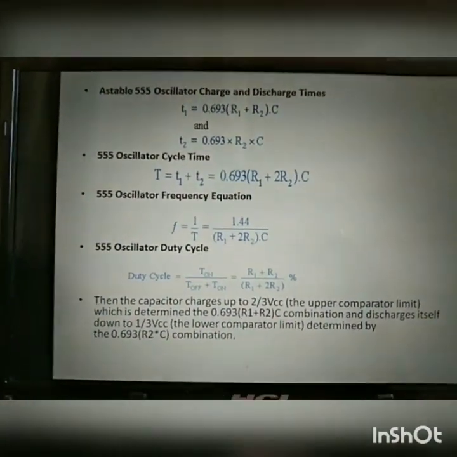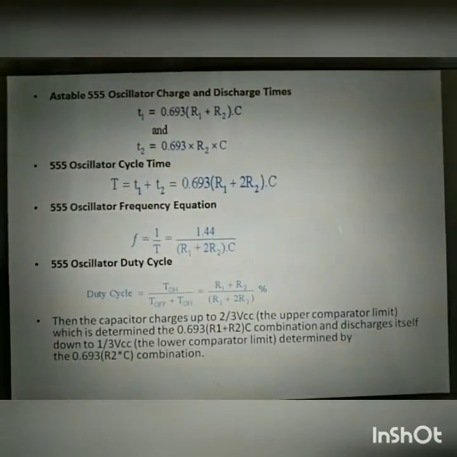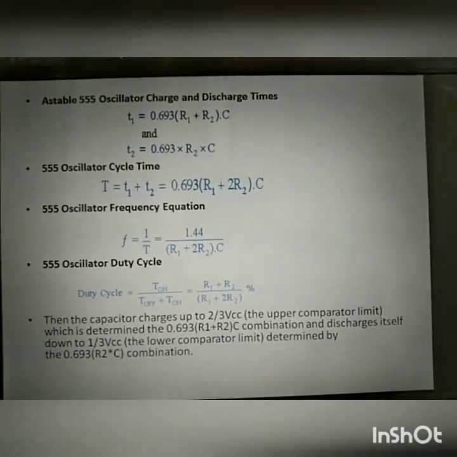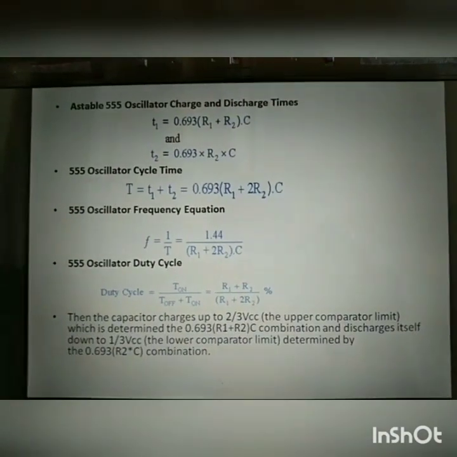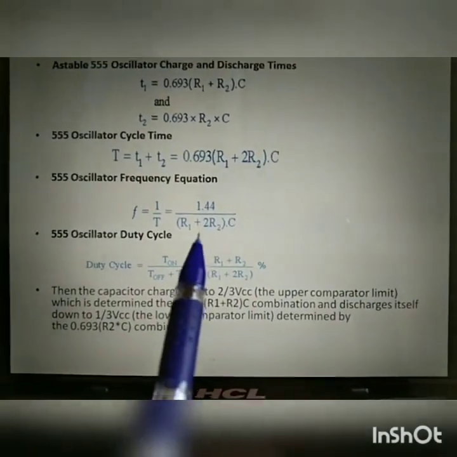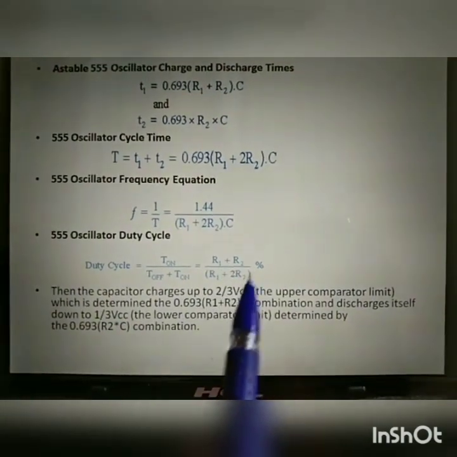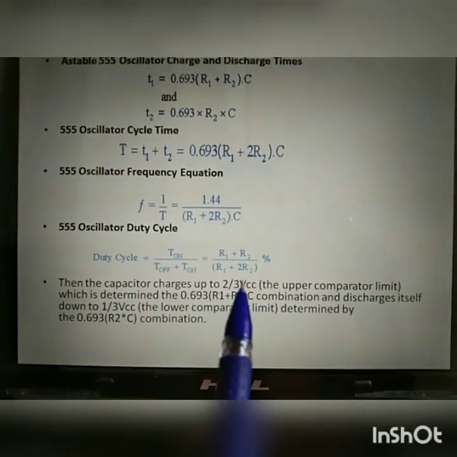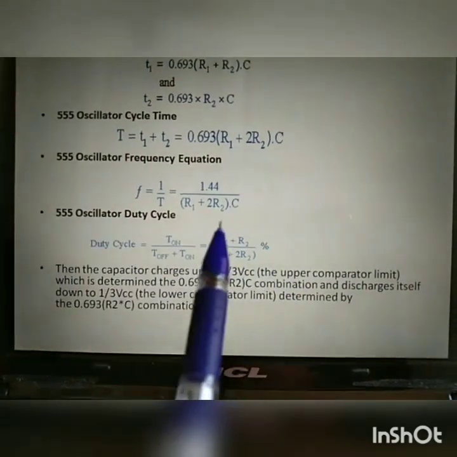Next, the duty cycle. The duty cycle is the most important quantity of the oscillator circuit using a 555 timer as an astable oscillator. You calculate the final duty cycle. The duty cycle is equal to T on divided by T on plus T off. What is the T on? T on means R1 plus R2, and T off means R1 plus 2 R2. How much percentage?